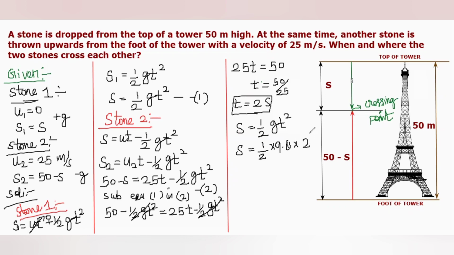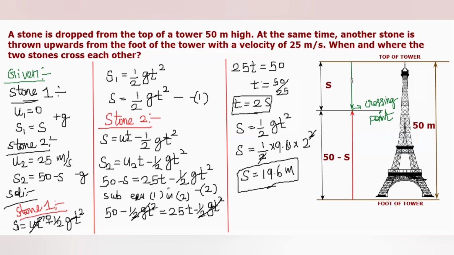The 2 will cancel, so 2 into 9.81 gives S equals 19.6 meters. It means the distance between the top of the tower and the crossing point is 19.6 meters.